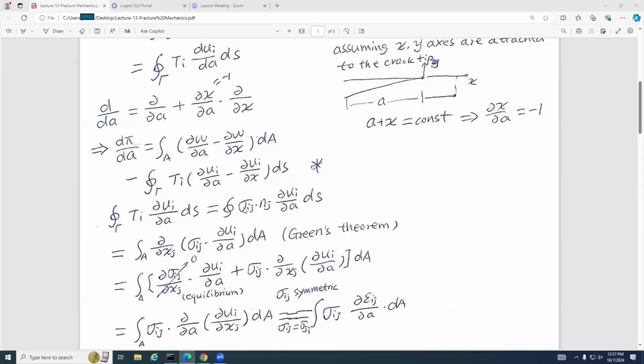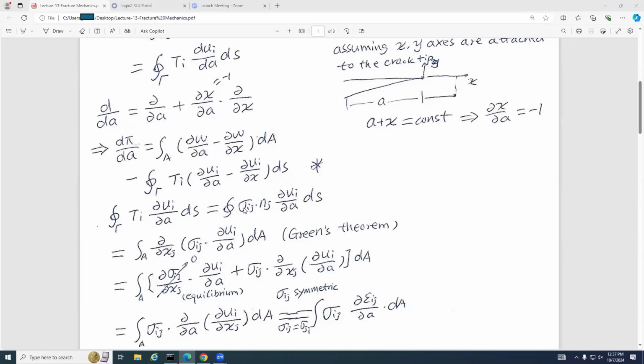And we use Green's theorem to change this integral over the enclosed boundary to the area. I told you guys last time the Green's theorem. So this is xj sigma ij dui dA, because nj ds can be written as here, based on the Green's theorem.